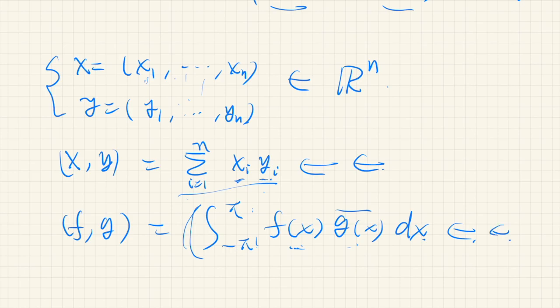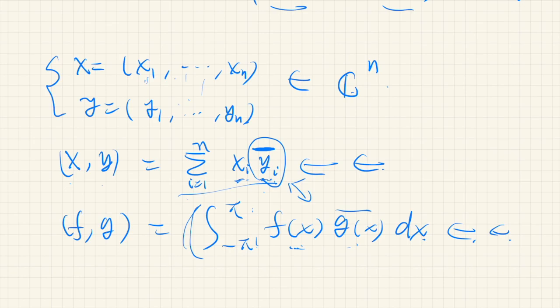And also, if we consider complex n-dimensional vector space, then we define the scalar product with xi and yi complex conjugate. In that case, this is more similar to our definition of the inner product.